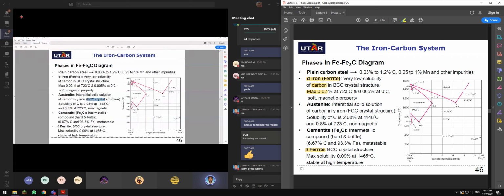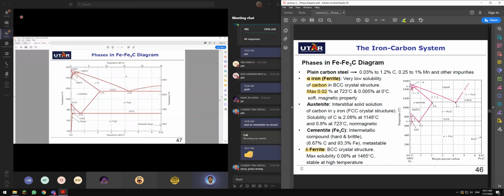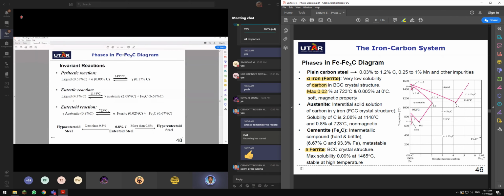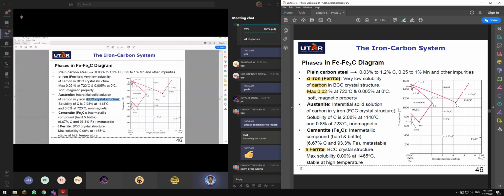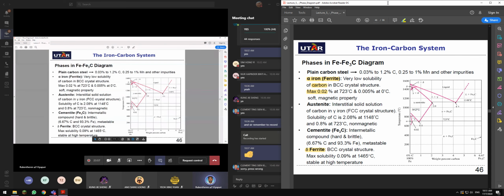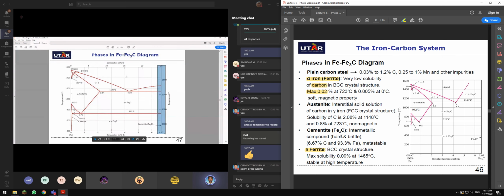It is under FCC crystal structure, and the solubility is 2.8 percentage at 1148 degrees Celsius, somewhere around here. This is the maximum solubility. It is non-magnetic. Ferrite is magnetic. This is just the properties. And then we have cementite towards this end over here.